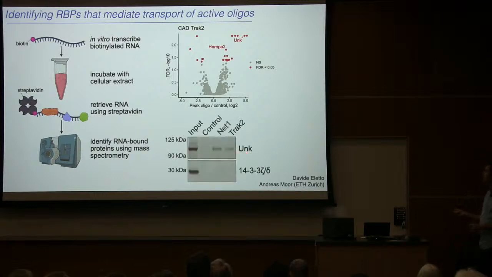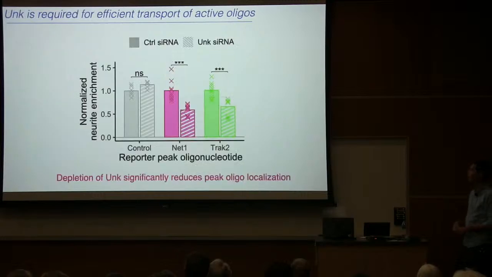And in fact, we could detect that also by Western blotting. Again, if we put our active oligo element into extract and pull it back out, we find that unkempt is associated with it. So does this association actually matter? To test this, we again assayed the RNA localization of our constructs, but either with or without knocking down unkempt. And it turns out if you knock down unkempt, these oligos don't work so well anymore. So unkempt is required for their efficient localization.